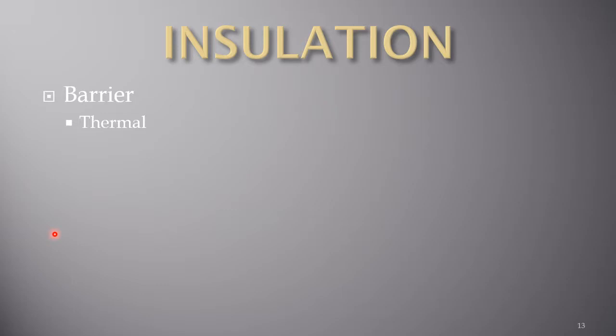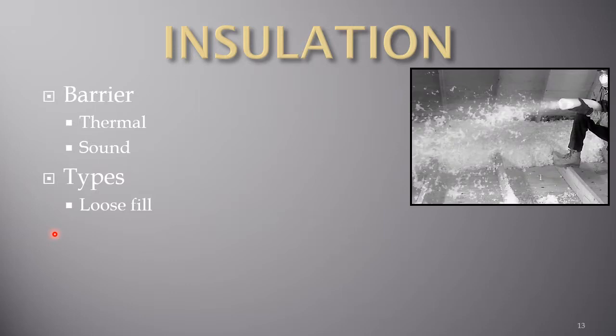What we want to do is resist heat and cold transmission in and out of the structure. We may use insulation as a sound barrier, again, to prevent transfer of sound from one section of a structure to another.